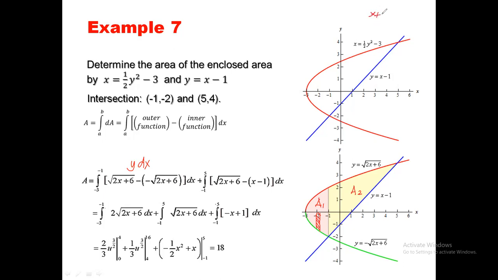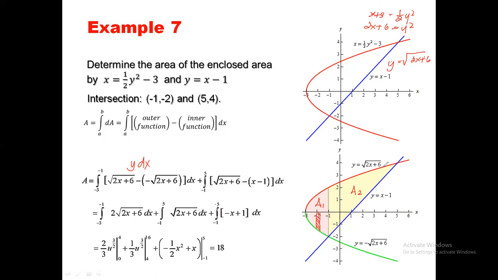So that would be plus 3. And you will be left with 1/2 y squared here on the right. Then cross multiply 2. That would be 2x plus 6 equal to y squared. And since it's just y that you need, your y is equal to the square root of 2x plus 6.